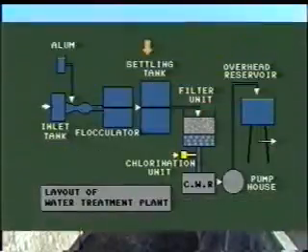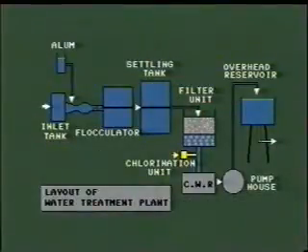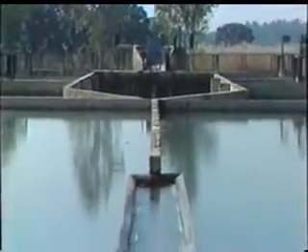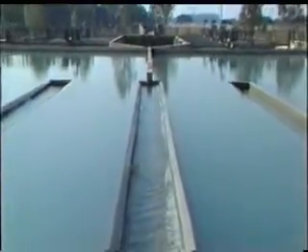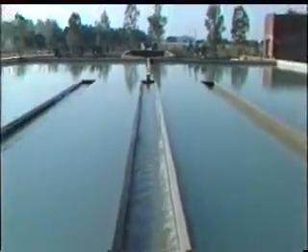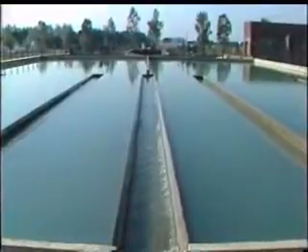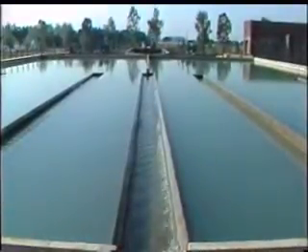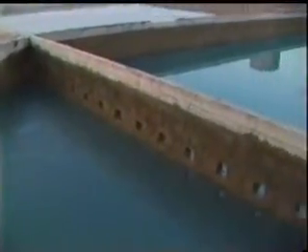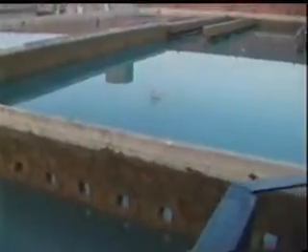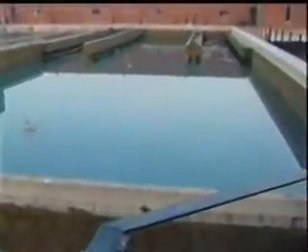From the flocculator, the water passes on to the settling tank. In the settling tank, flocks settle down under gravity and clear water flows over weirs provided near the outlet. This is a perforated wall which is provided between the flocculator and settling tank.